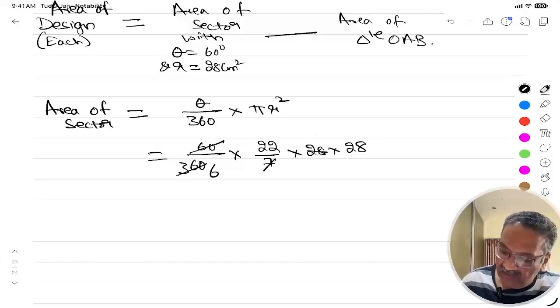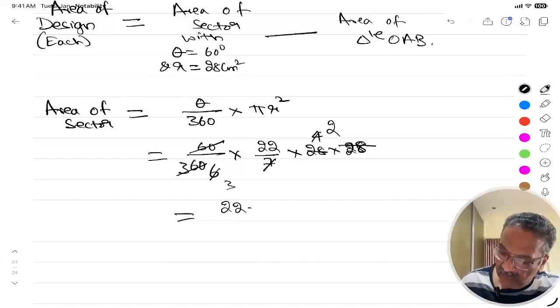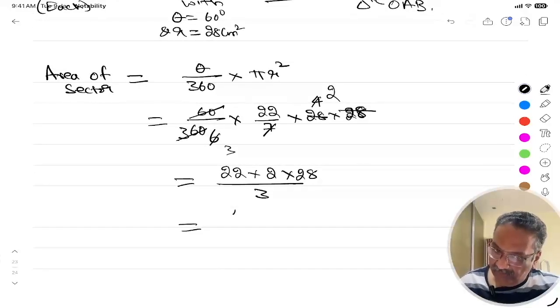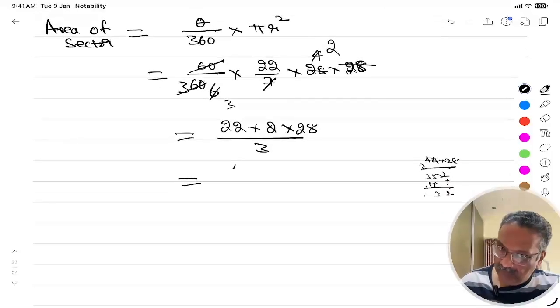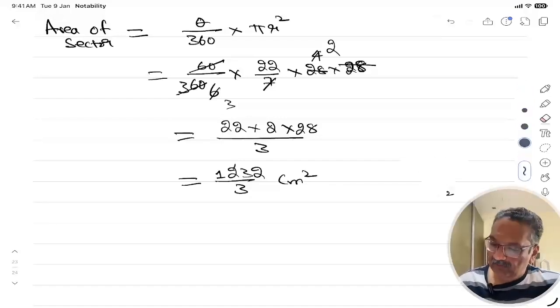Cancelling, we have got 22 into 2 into 28 by 3, which comes to 44 into 28 by 3, that is 1232 by 3 centimeter square, which is the area of the sector.